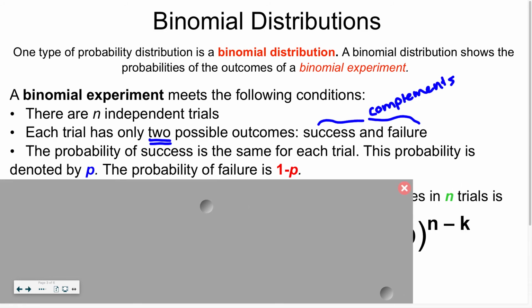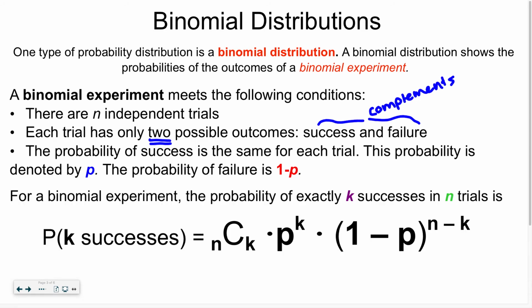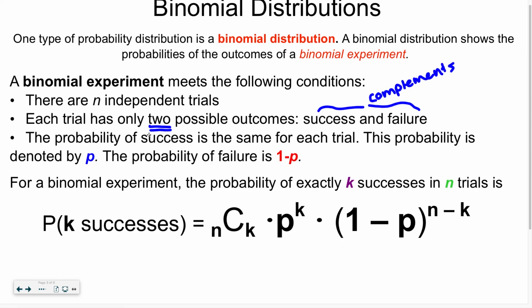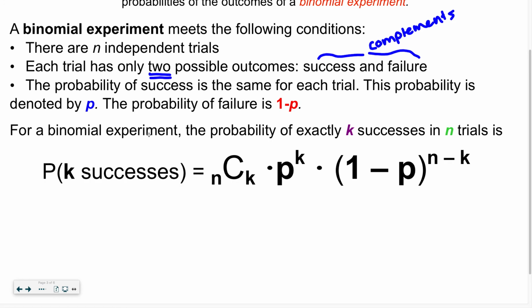And then we've got a formula for a binomial experiment. The formula looks worse than it really is.